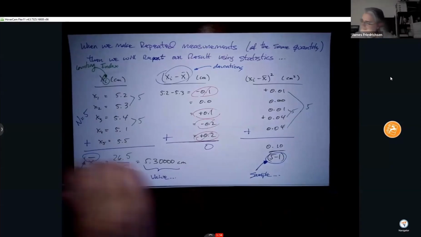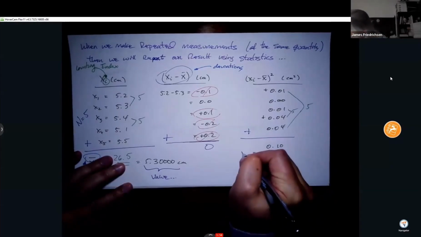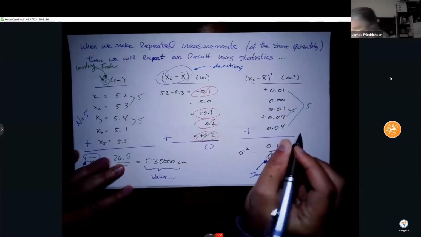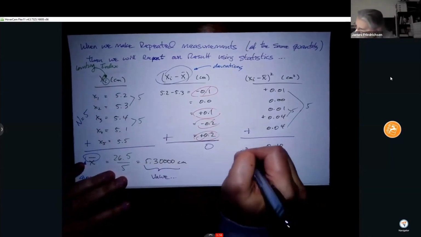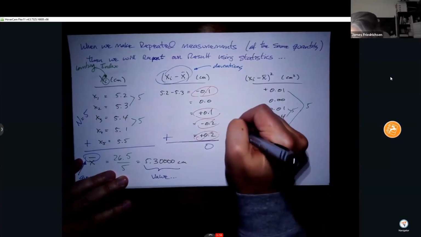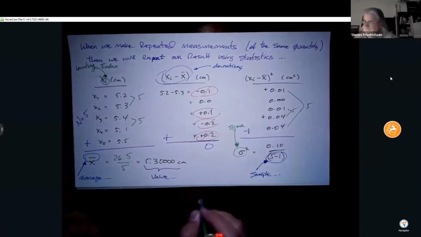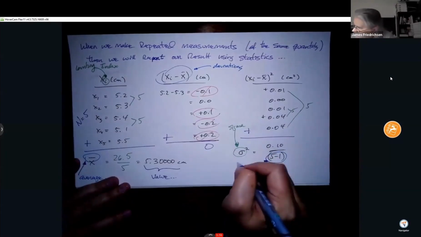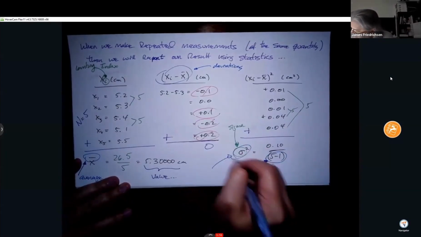Now what this will give us is a quantity that they refer to as the variance. This symbol is a lowercase Greek letter called sigma. And this quantity with the square, this is the variance.